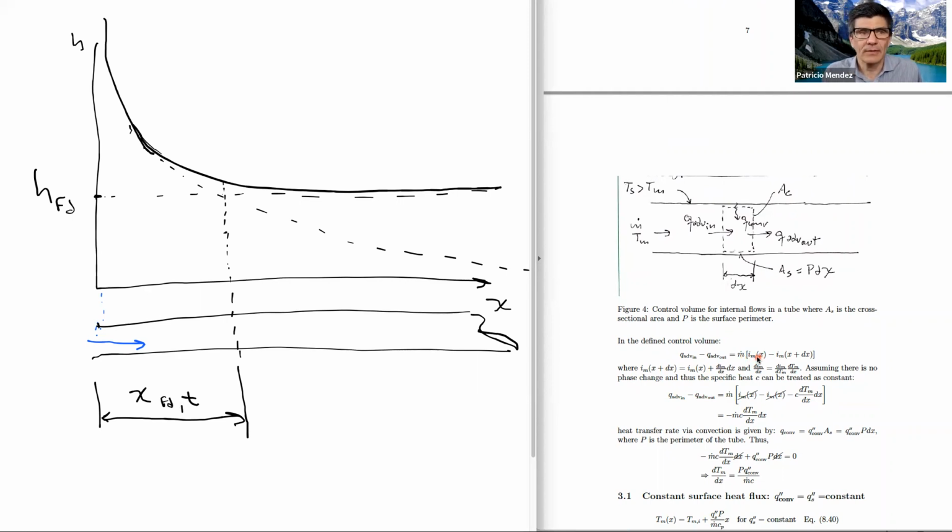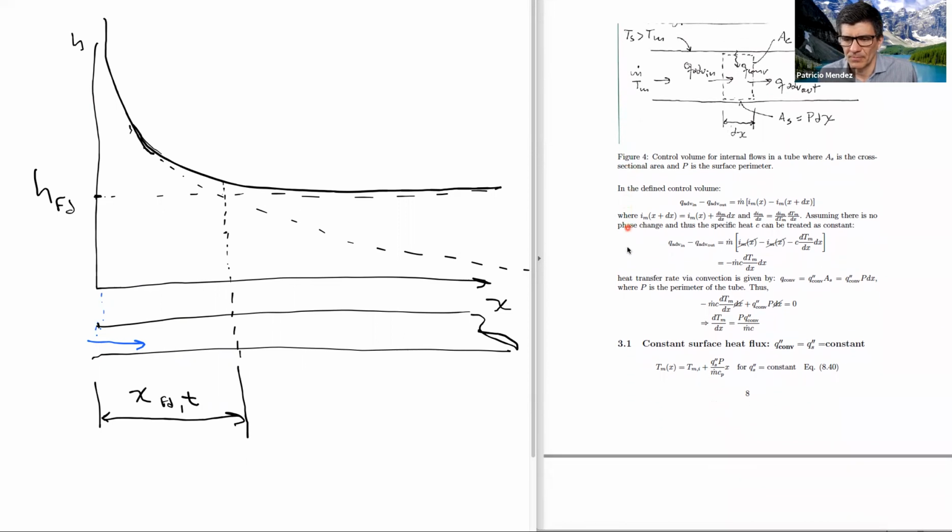And we did this in the week, what week was that? We did this on week 4 of differential control volumes, and you came up with this expression that says the temperature gradient is the perimeter of the pipe, times the heat flux on the surface, divided by the mass flow and the specific heat of the fluid.